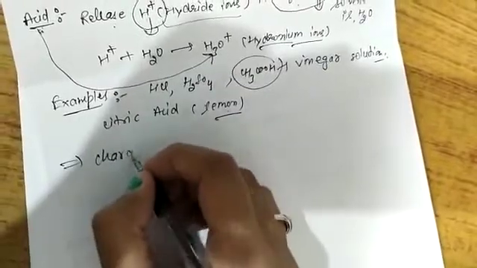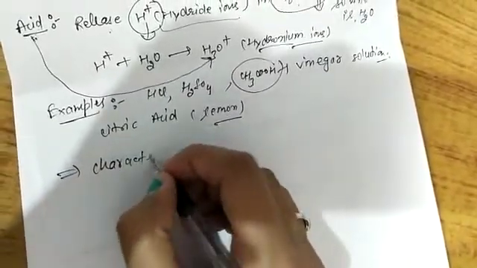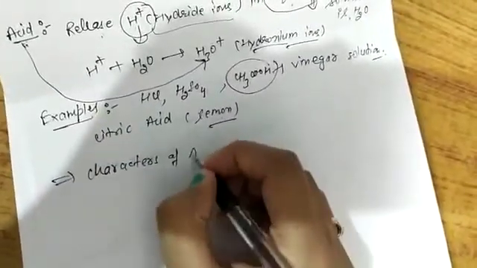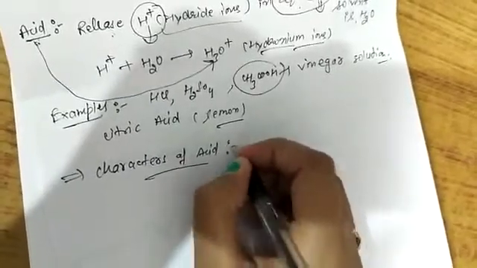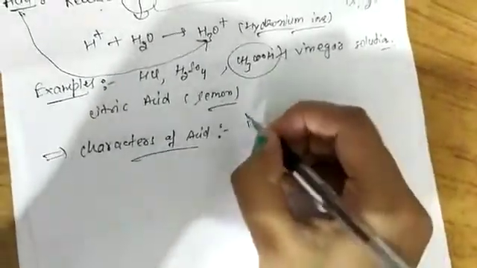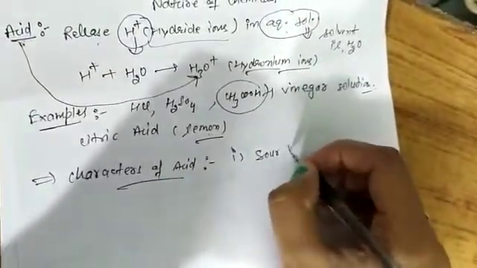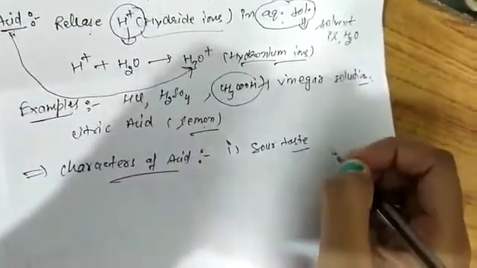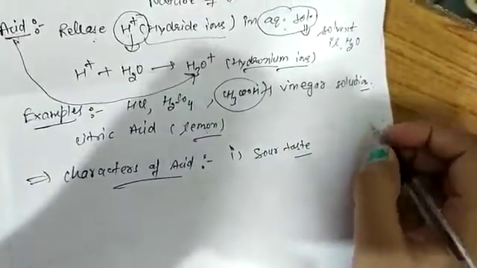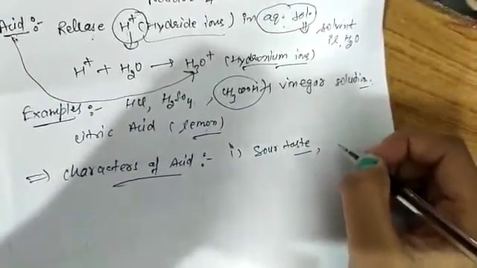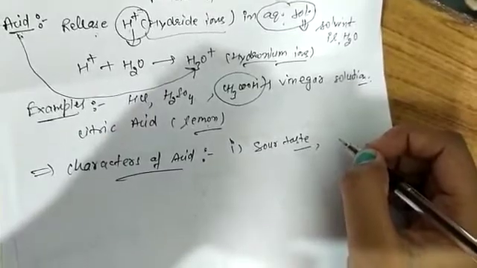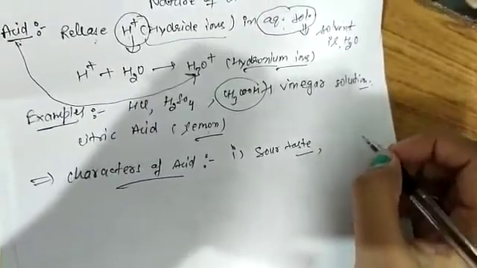Now, some characteristics of acid. What are the characteristics of acid? First, acids are sour in taste. They are able to conduct electricity in aqueous solution.